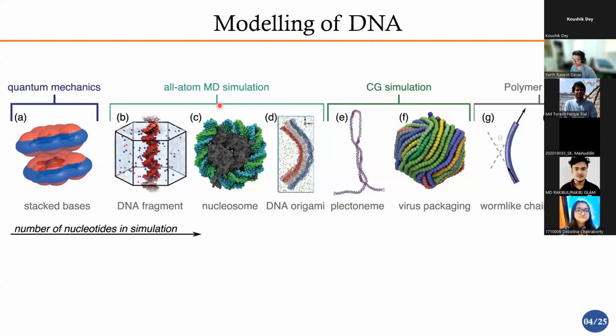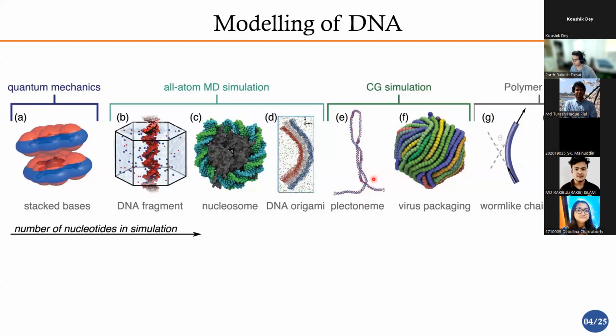Each atom is represented as a spherical particle, and you approximate the interactions between them. Here you can have up to 200, 300 base pairs and maybe a microsecond-long simulation, but that takes a lot of computational resources.